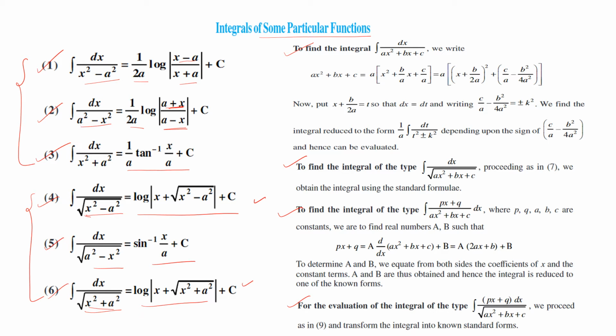Now what do we do? How will these formulas be used in questions like 1 upon quadratic, dx upon a quadratic in the denominator? Firstly we will change this quadratic to perfect square form, which you clearly know how to do.